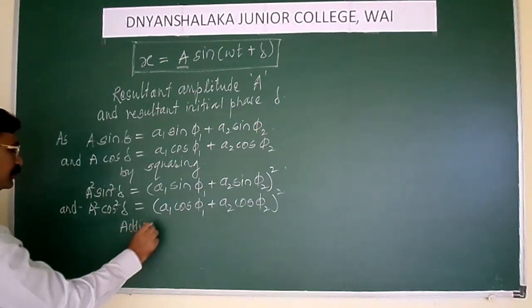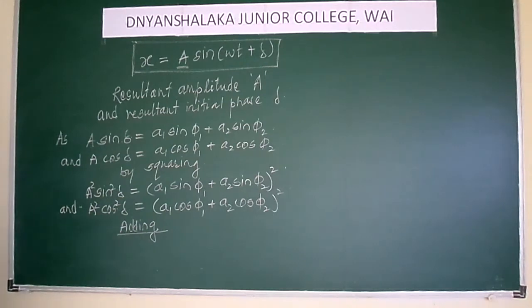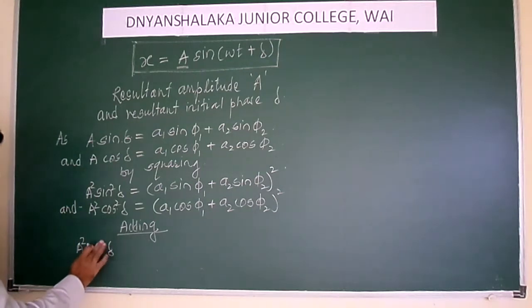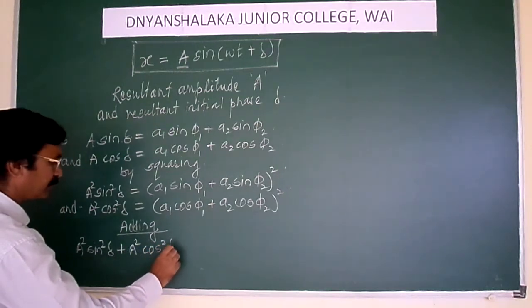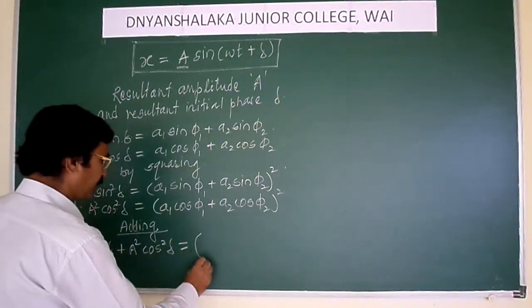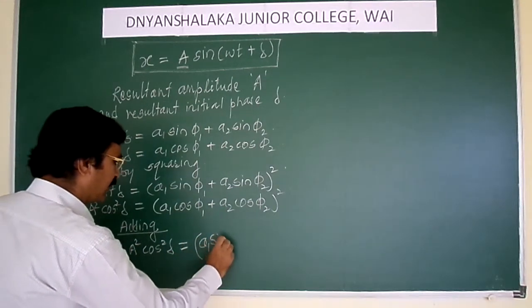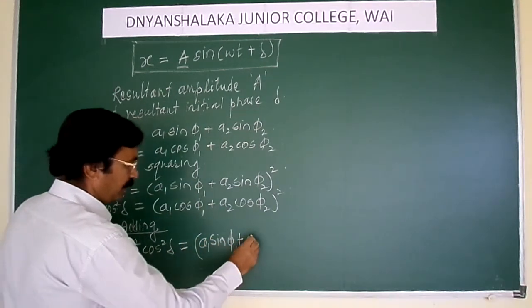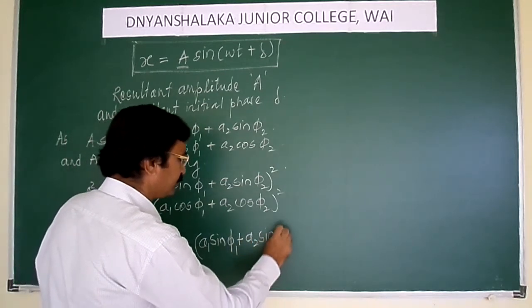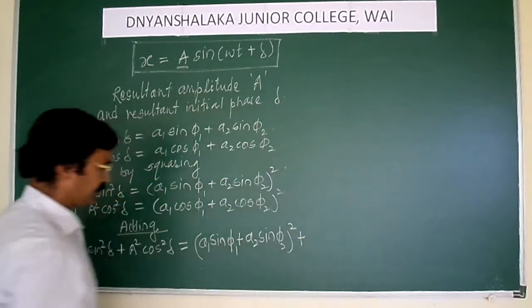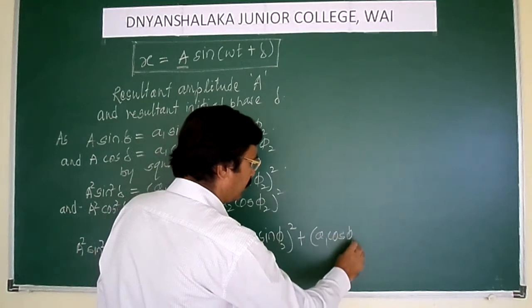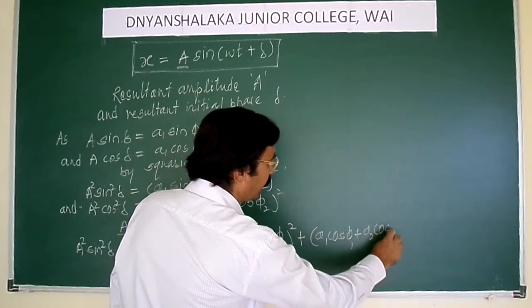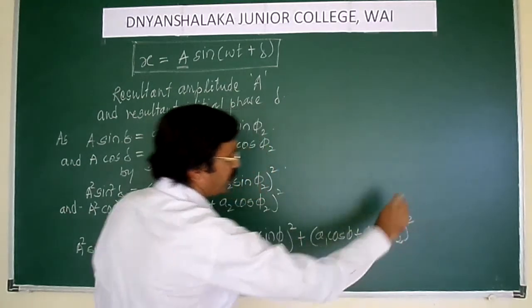Adding, this will be A square sin square delta plus A square cos square delta equal to (A1 sin phi 1 plus A2 sin phi 2) the whole square plus (A1 cos phi 1 plus A2 cos phi 2) the whole square.